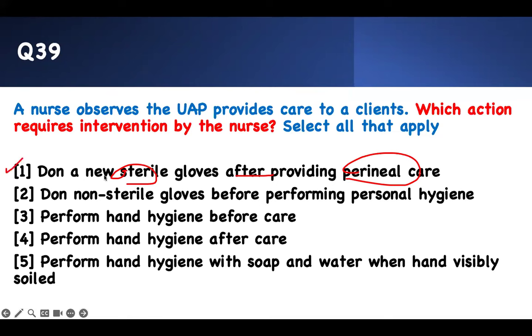Don non-sterile gloves before performing personal hygiene, yes, you wear gloves before personal hygiene. Perform hand hygiene before and after, that's good. Wash the hands with soap and water when visibly soiled, right. So which one requires intervention? It's only one. That's the only one that requires intervention.